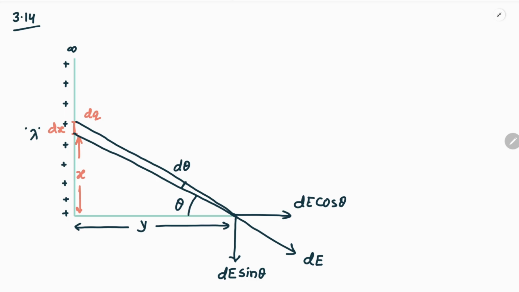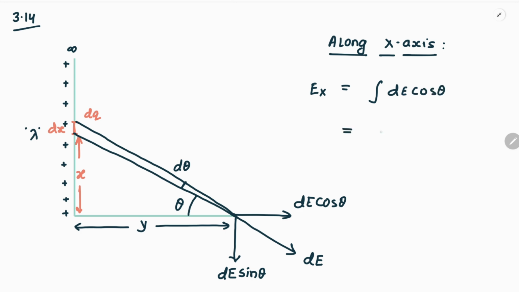If we write the expression for dE, we will be calculating two aspects of the problem. We will be calculating along the x-axis. Along the x-axis we say Ex is equal to the integration of dE cos theta. dE can be written as k, dq can be written as lambda dx, by x square plus y square, and then this cos theta term that we have.